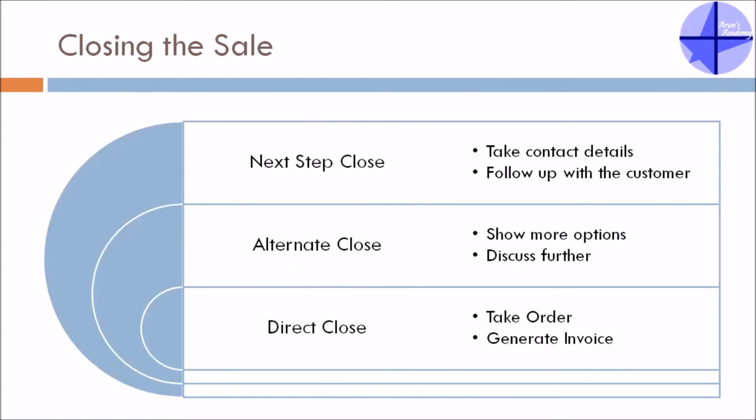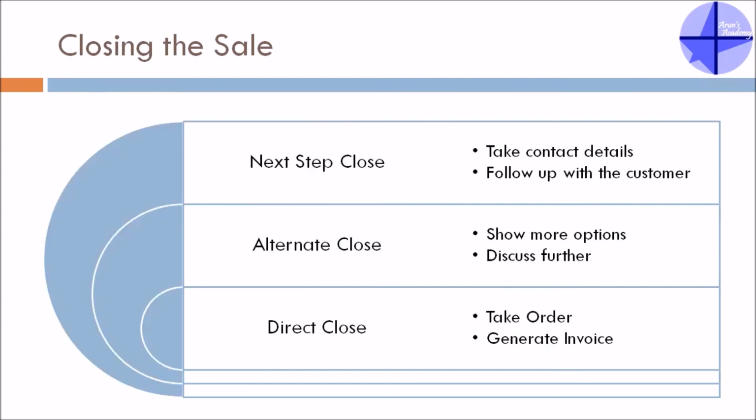What is a direct close? You just take the order, generate the invoice, and sell your product or service. That's called a direct close. Take any example, it can be a two-wheeler showroom, mobile store, or anything. The percentage of direct closes is not very high. It can be hardly 10% of the total people you are meeting.